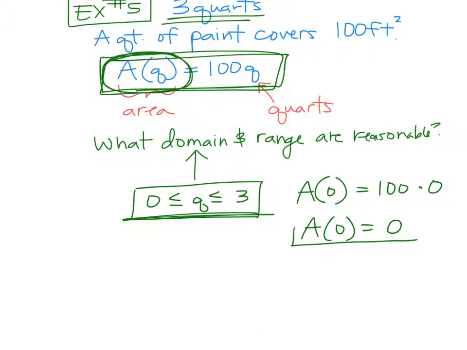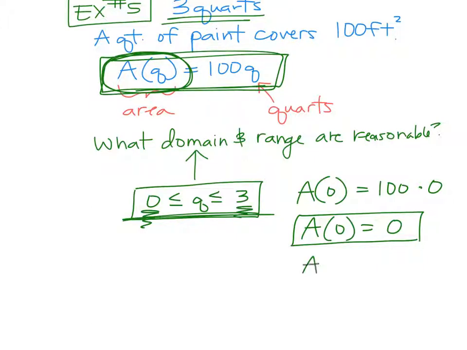Okay, so A of 0 equals 0. The high end of your range is if you plug what in for Q? So if I plugged in 0 as my low end, what do I need to plug in to get my high end of my range? 3, right? The high end of your domain will get you the high end of your range.